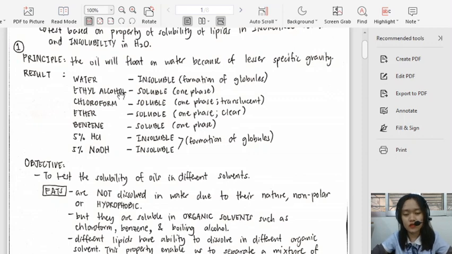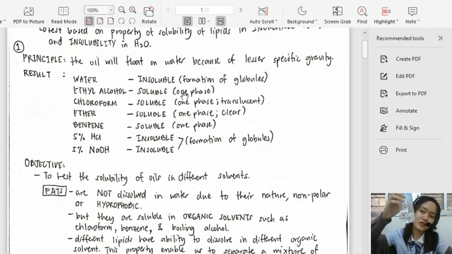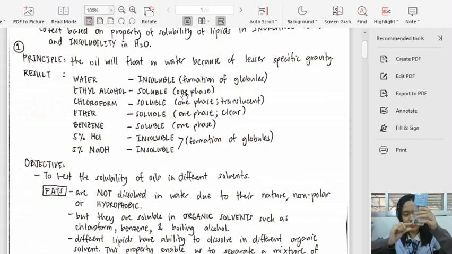So, yung ethyl alcohol is an organic solvent. So, soluble siya. So, one phase lang. Kapag one phase lang, class, meaning your ethyl alcohol and your cottonseed oil actually mix together, okay? Kaya isang phase lang yung makita mo. Walang different phases. Walang nasa taas, walang nasa baba.